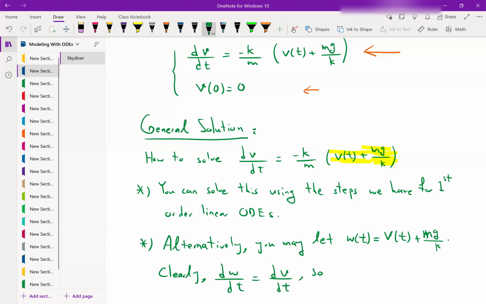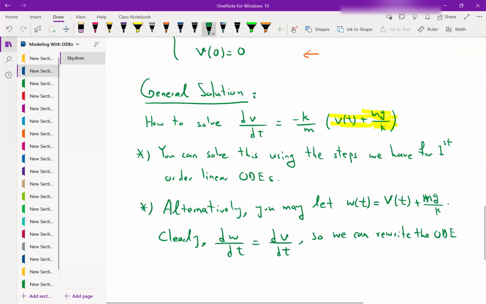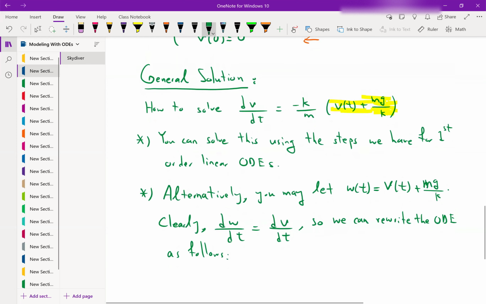So we can rewrite our ODE of interest as follows. On the left-hand side, I will have dw/dt, because dw/dt is exactly the same as dv/dt.